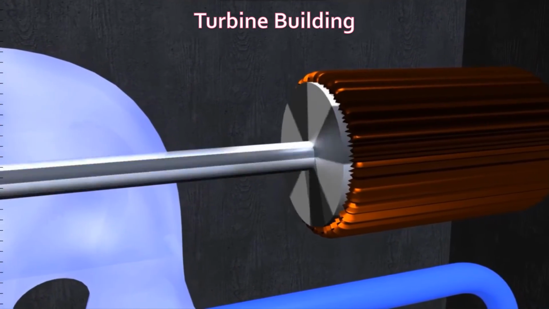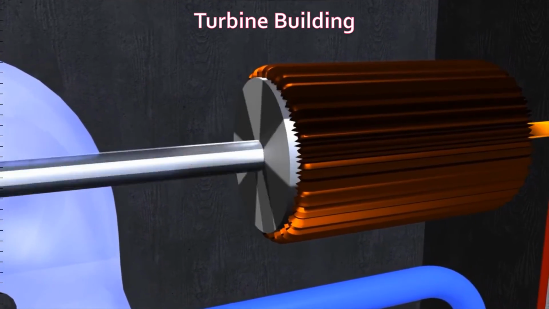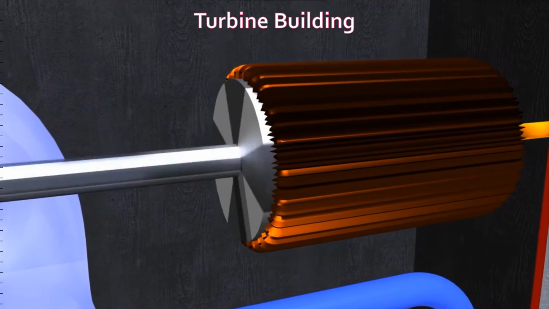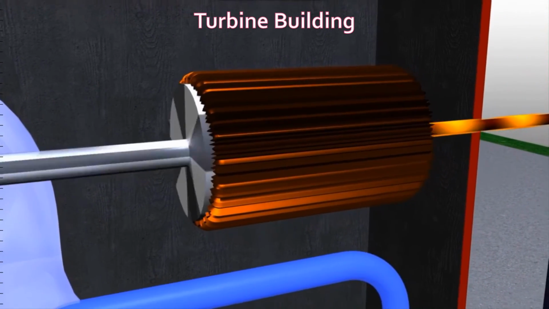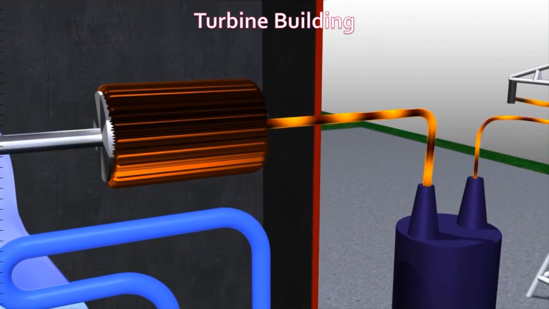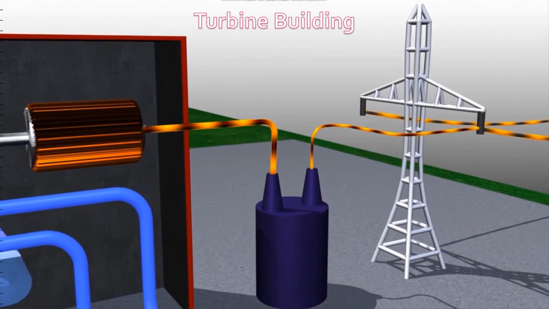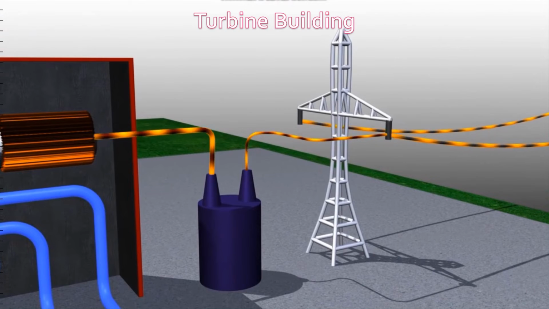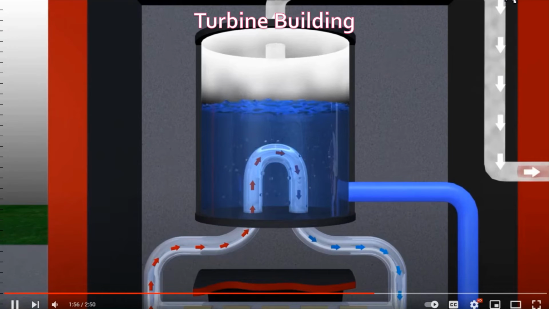When an electromagnet spins inside coils, it will produce electricity, same like the dynamo on your bike. When you cycle, when the tire spins, the lamp will light up.